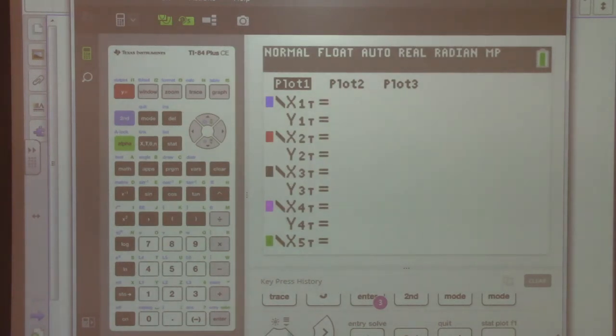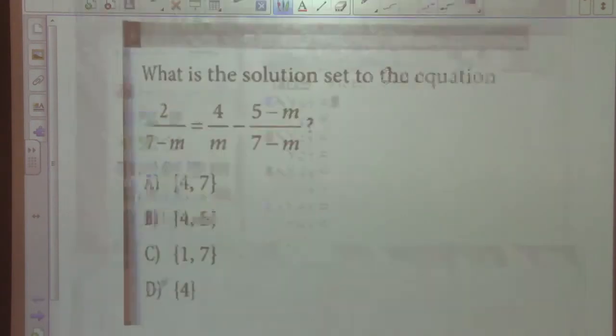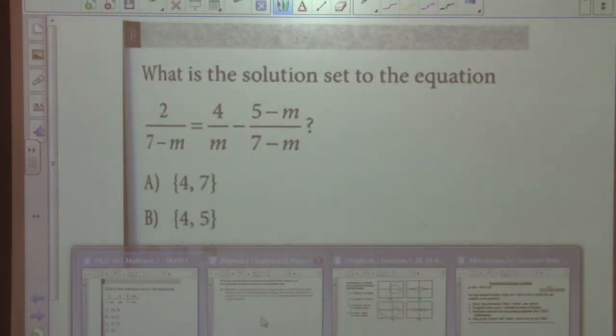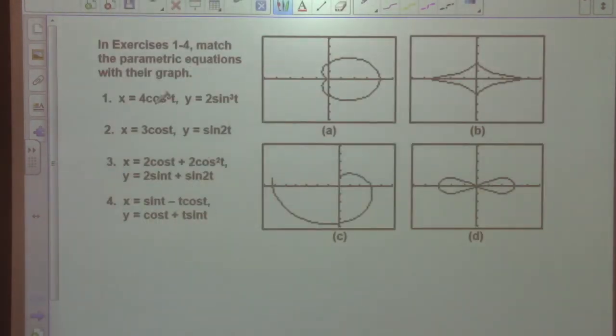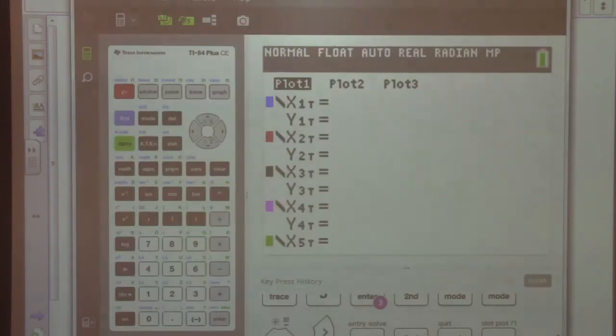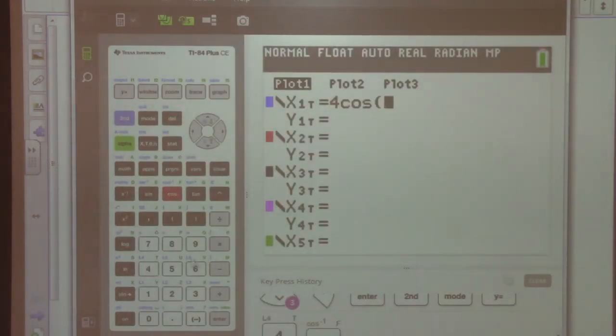The first one we have is, oops, wrong one here. Here we go: 4 cosine cubed t. We're going to talk about what that is. We put 4 cosine and put t here. I think this is about when we got knocked out yesterday, right at this point.